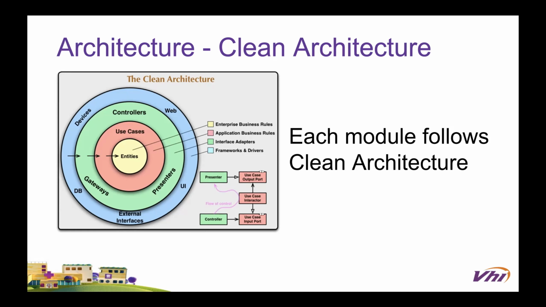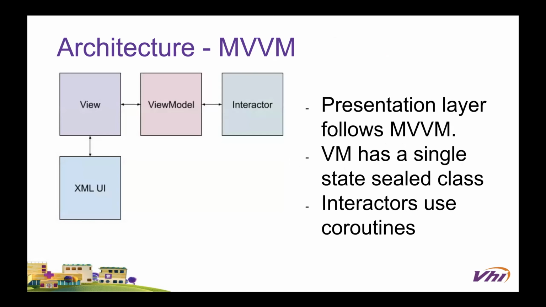We keep our domain levels as much library agnostic as possible. Although they're Kotlin, we use coroutines, so there is a bit of dependency there on external libraries. It's not just a plain old Java project or a plain old Kotlin project.